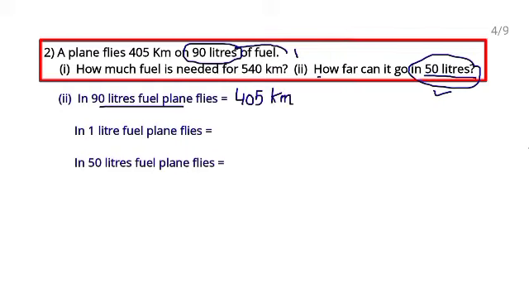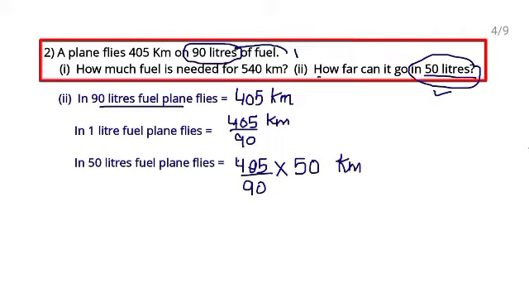Then for 1 के लिए आप क्या करेंगे? Divide this 405 kilometers by the 90, right? Now for 50 liters, simply multiply the distance covered in 1 liter, that means 405 upon 90, by the available fuel, which is 50. So this is in kilometers. Now 0 to 0 is cancelled out.